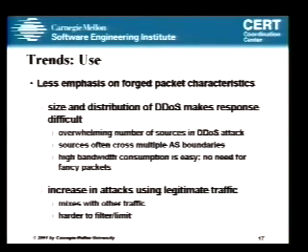We've also seen less emphasis on forged packet characteristics, IP spoofing, mangling different bits in the IP header. There's really no need to do so. Fancy packets just aren't needed to consume a lot of bandwidth, especially when you've got a couple of dozen or a couple of hundred agents from which you can originate those attacks.